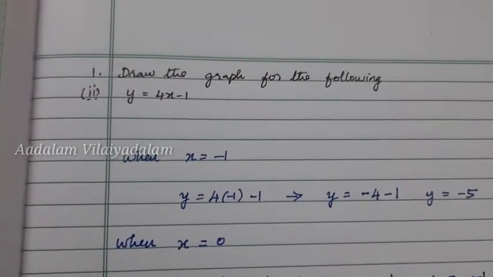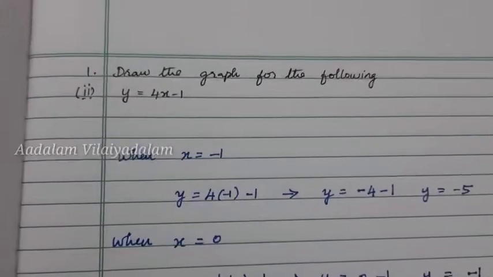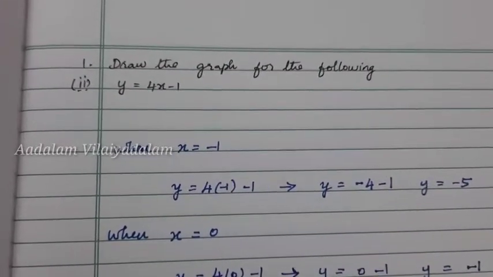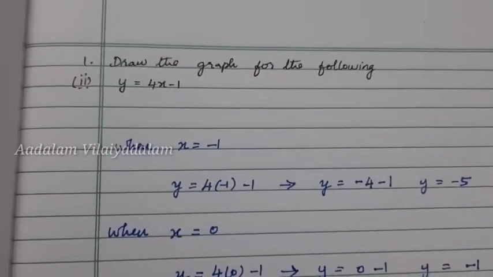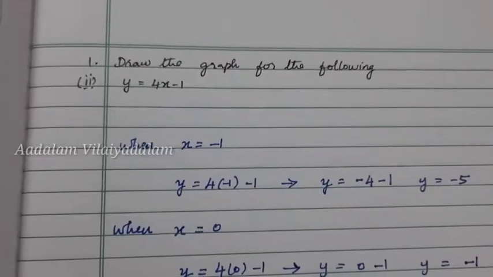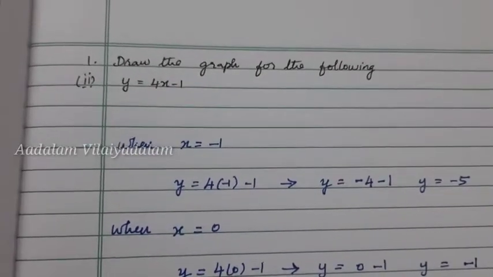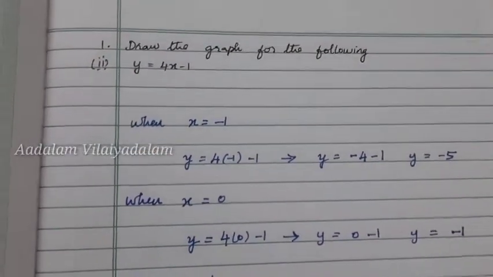Next, when x equal to positive 1, then y equal to 4 ones are 4 minus 1. Then subtraction of these two numbers, we get y equal to plus 3.